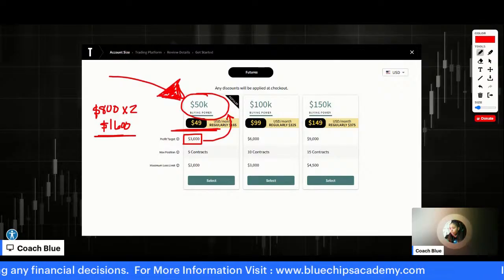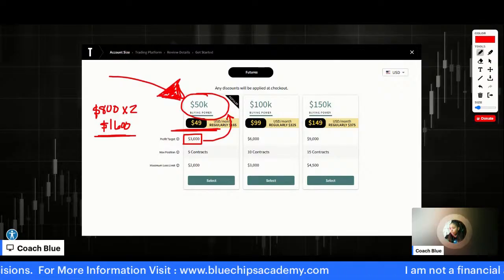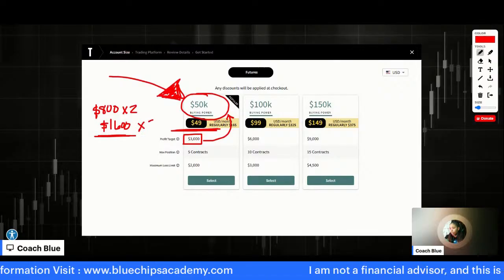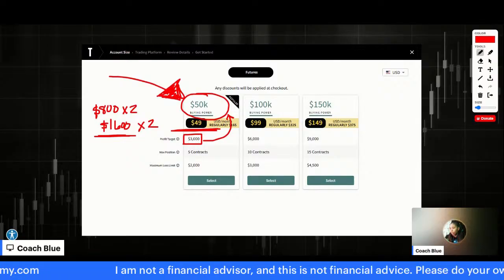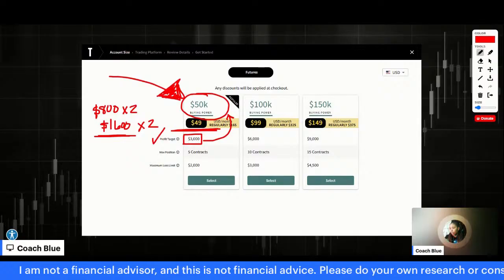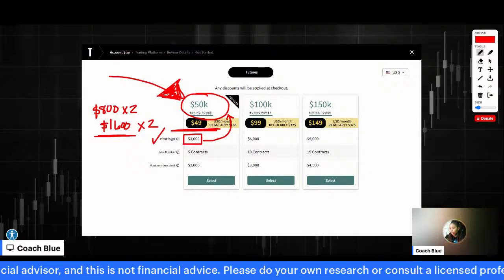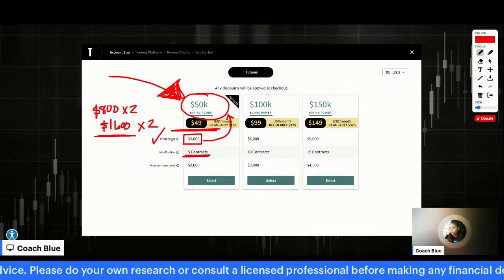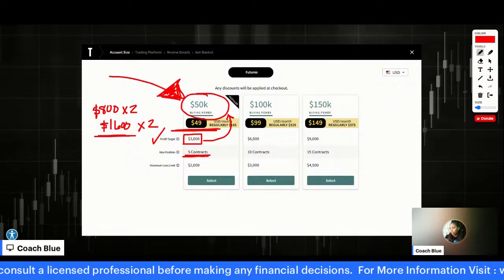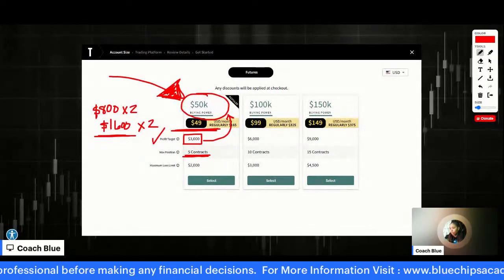So with the $1,600, if you do this for 2 weeks, you pass the combine if you get those same scenarios. And the maximum contracts you can use for the $50,000 is 5 contracts. So this is a great opportunity, y'all, to leverage what you have.